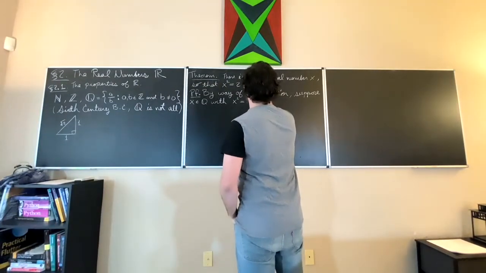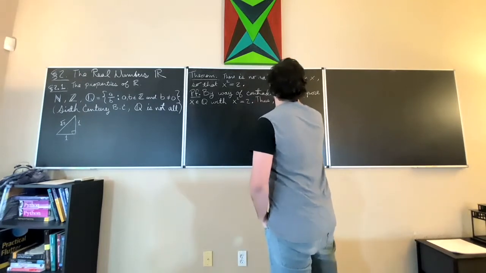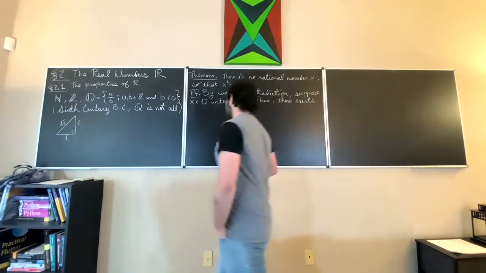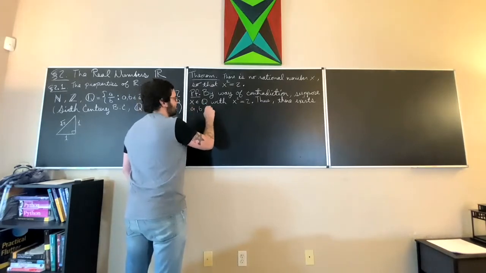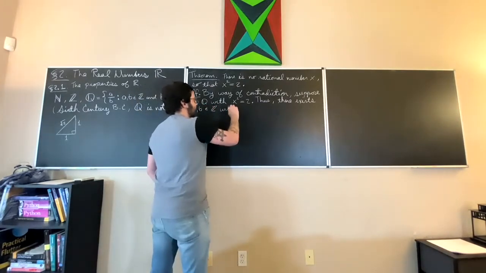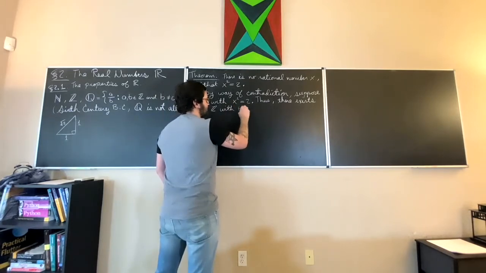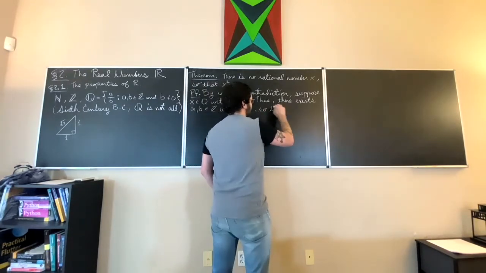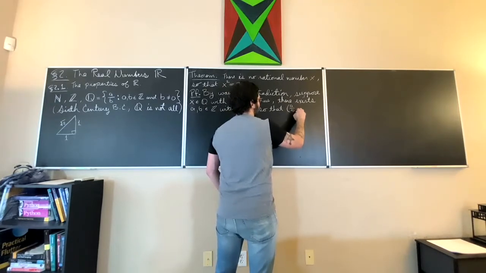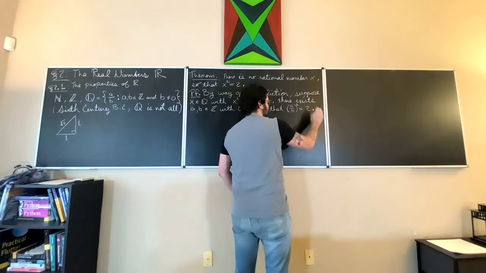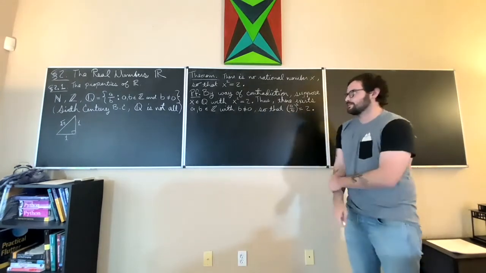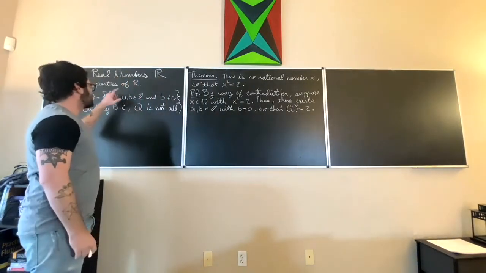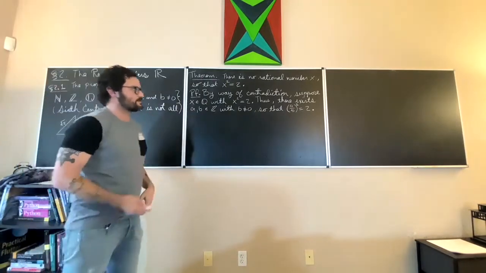So we can say thus there exist a and b, which are integers, with b non-zero, so that (a over b) all squared is equal to 2. Okay, that's just by the definition of x being a rational number. So if x is a rational number, it can be written as a over b, where a and b are integers, and b is non-zero.